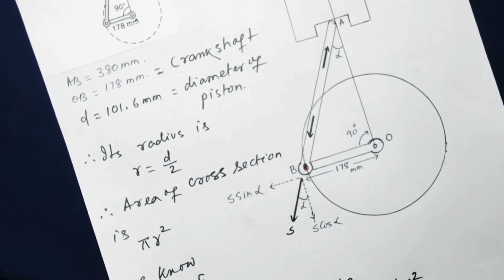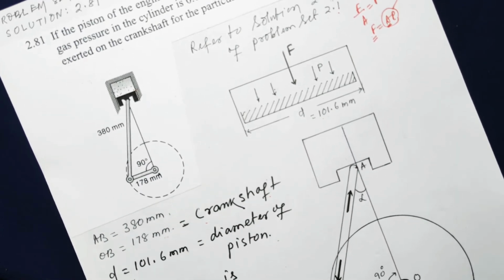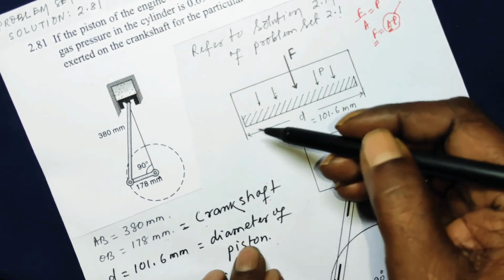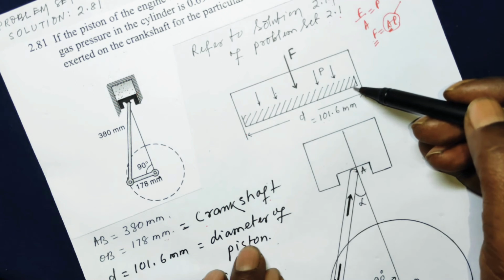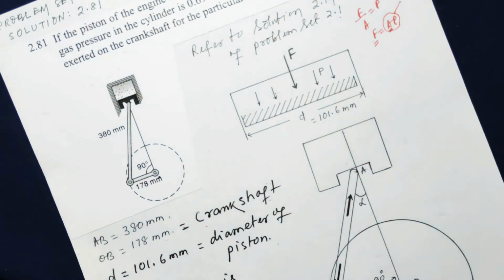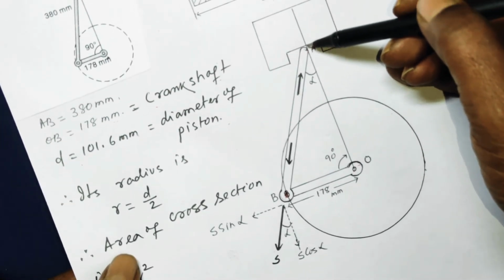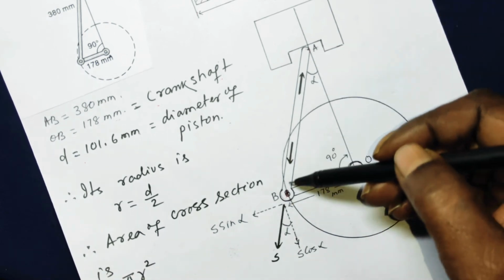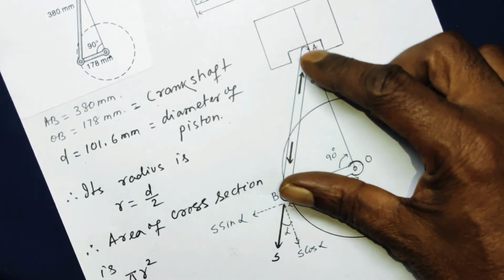Now this force is transmitted normally to the area of cross section of the piston. Now the force is transmitted normal, means along this line. So due to this, connecting rod AB will be compressed, will try to compress.